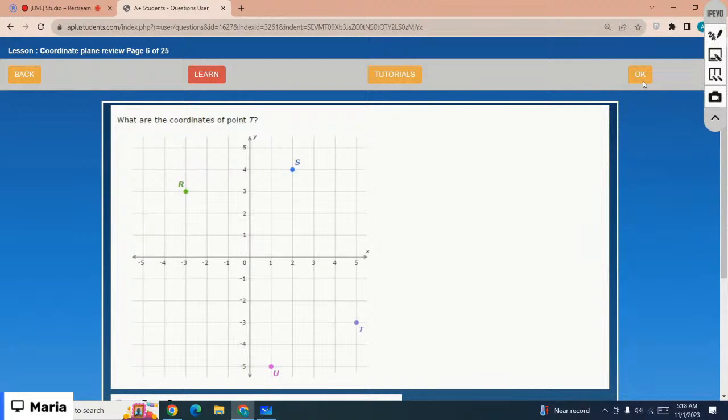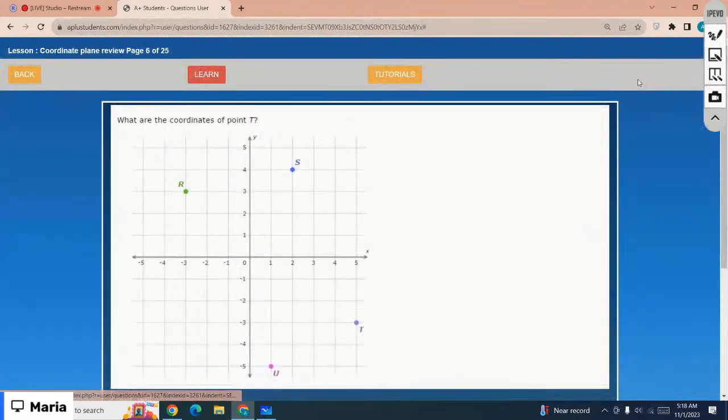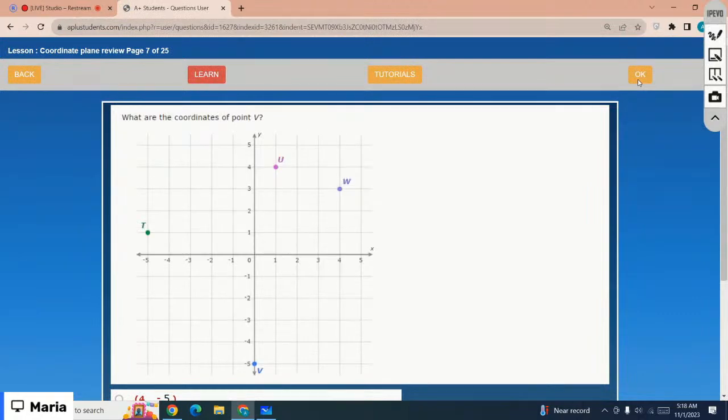Here is D, right? Just match it to x axis. X is 5 and y is negative 3. So, the coordinates are 5 and negative 3. Got it? Okay, what are the coordinates of the point V, which is the correct option?